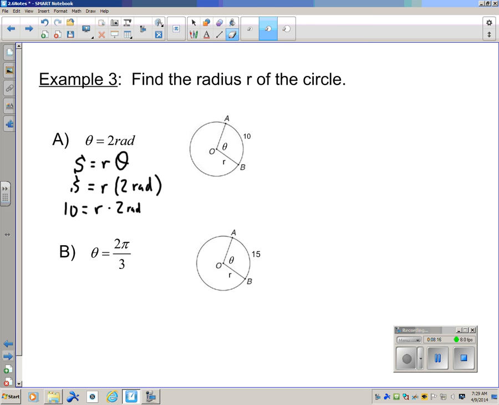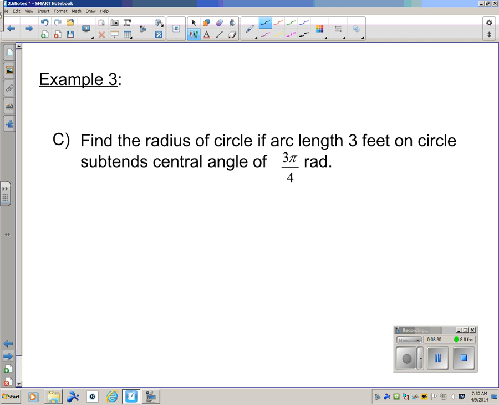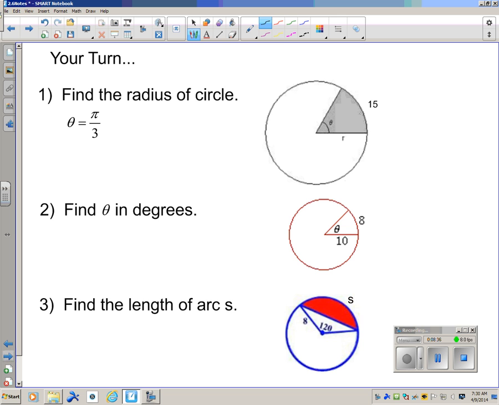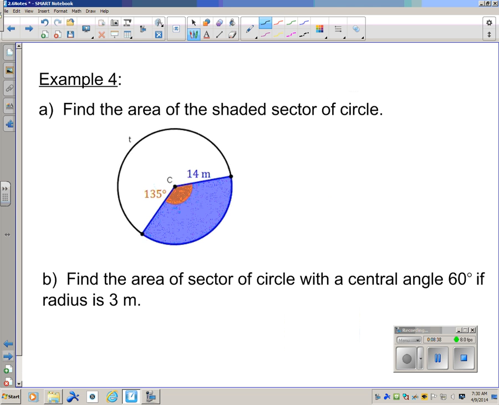I wanted to see that that was in radians already. Divide by 2, and R there is 5. So part B is just similar, just using that formula. And this is the same type of problem. We're not going to do the U-turns, although you can try them out if you want. I'm going to go to example 4.